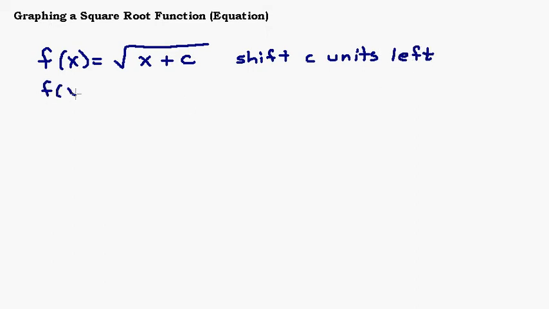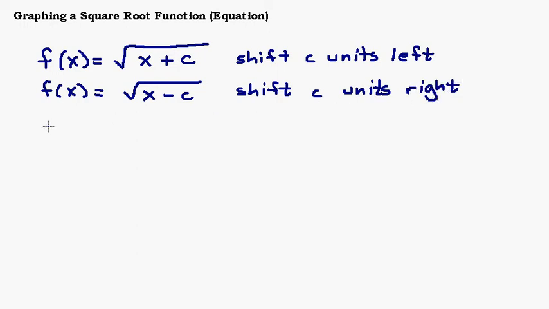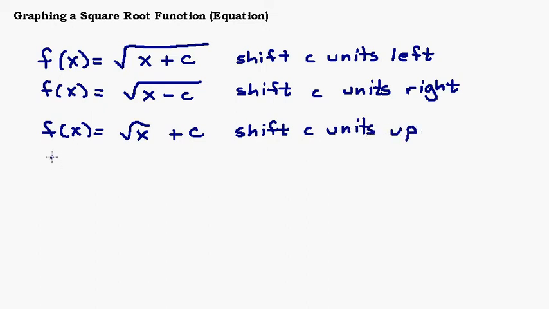If you have f of x equals the square root of x minus c, it's going to shift c units right. If you have f of x equals the square root of x and then a plus c on the outside, so the plus c is not underneath the square root, it's going to shift it c units up. And if you have f of x equals the square root of x with the minus c outside the parentheses, that's going to shift c units down.